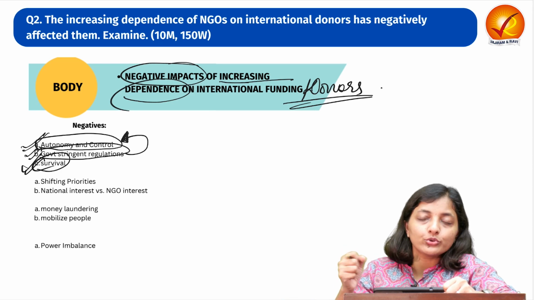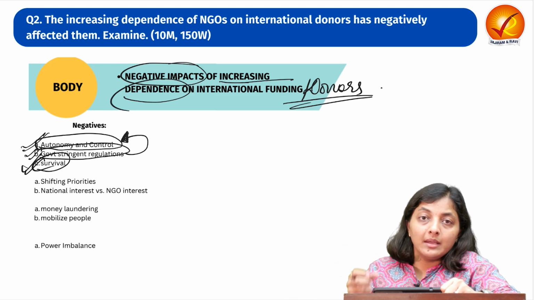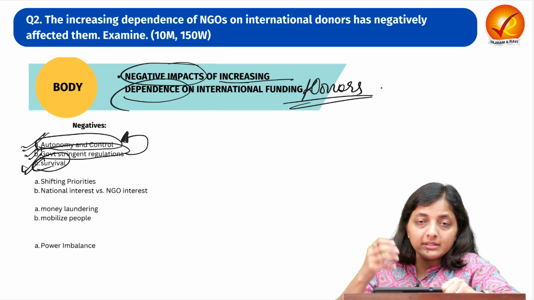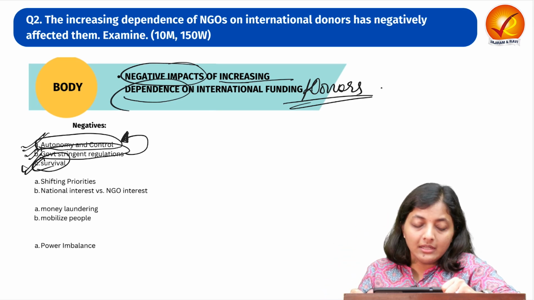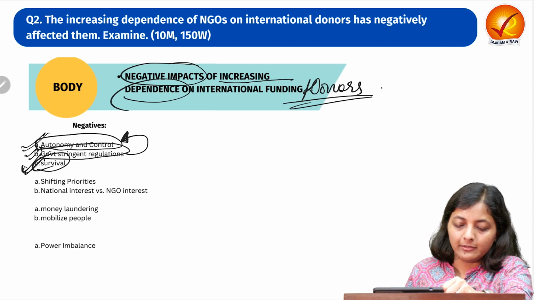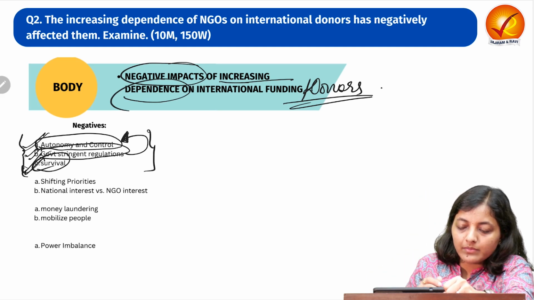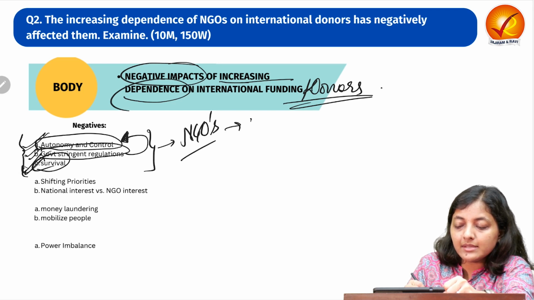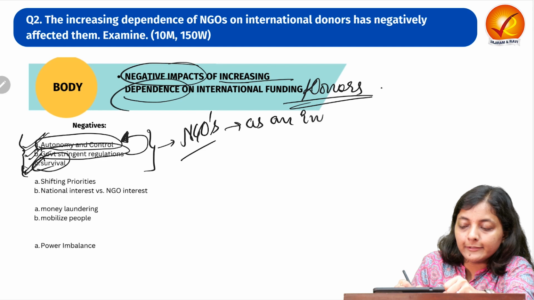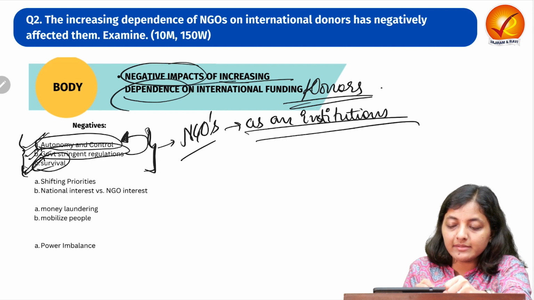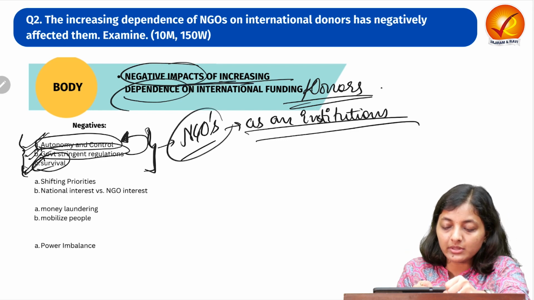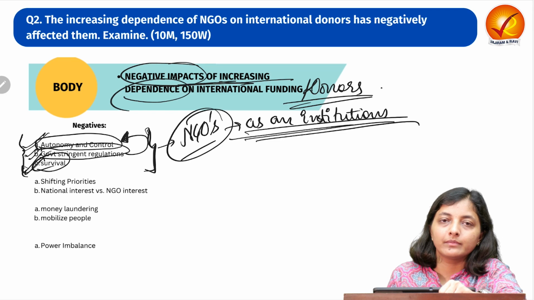The local resource mobilization is very low, and the NGO is heavily reliant on foreign funding. So this is also the issue of survival. These are the negative impacts of increasing dependence on the NGOs as an institution.